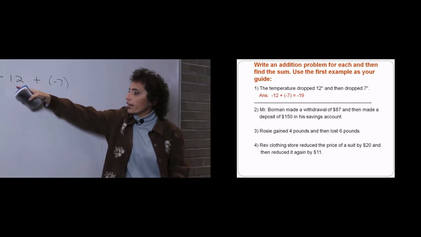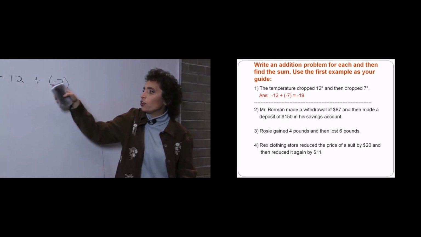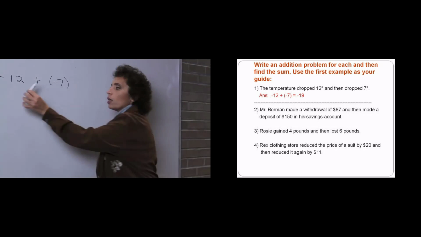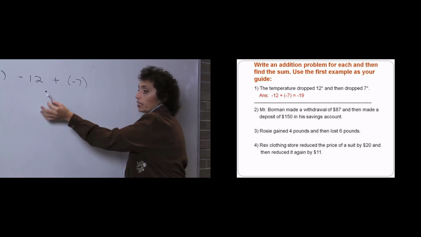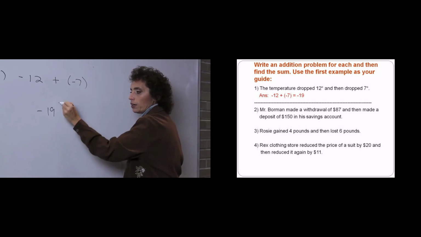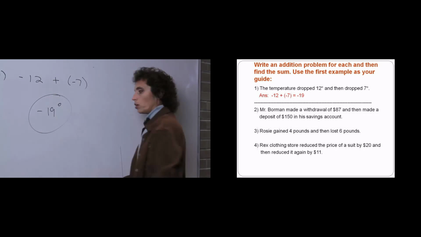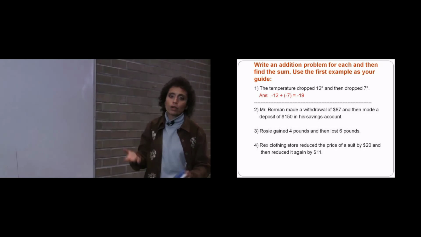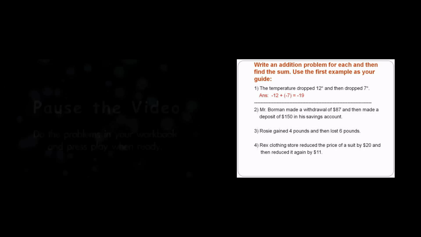So this is negative 12 because it dropped 12 degrees, and it dropped 7 degrees. Now we want to know what the final outcome is. So again, I'm going to use money. I owe you 12. I owe you 7. So I owe you 19. Of course, this is degrees because we are really talking temperature. So that's number 1. If you would try 2 through 4, we'll come back and look at your answers.